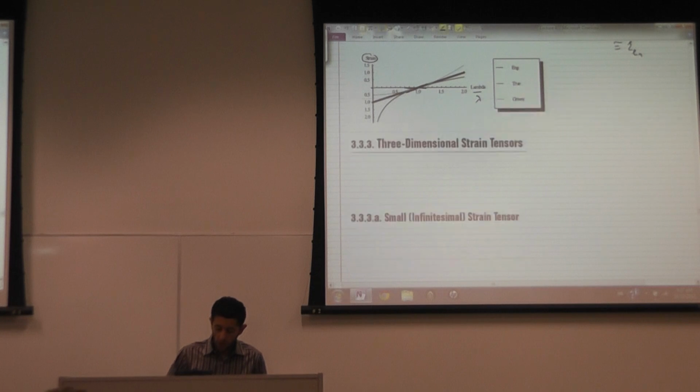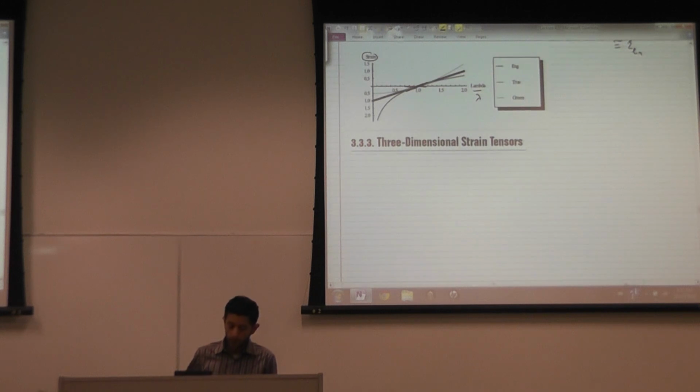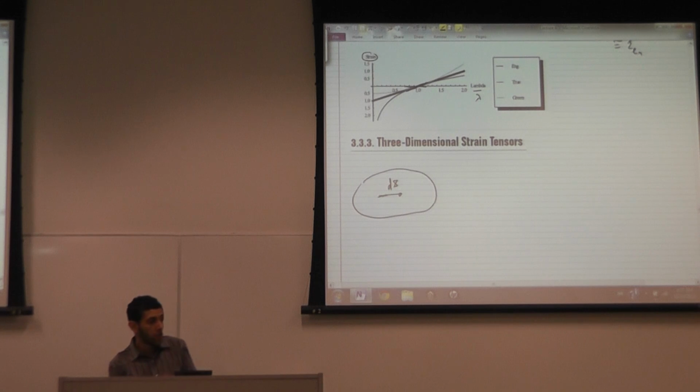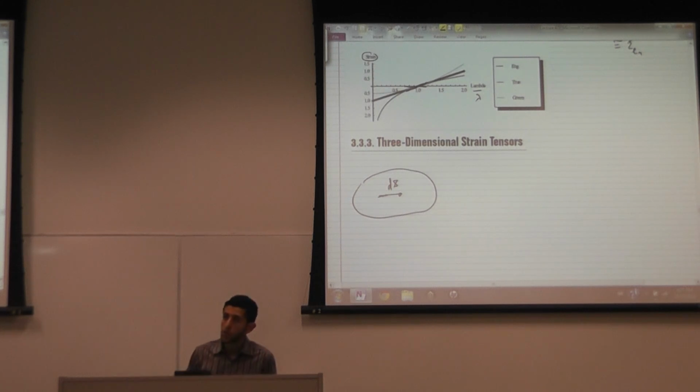The function of the three-dimensional strain tensors is to do the following. If I have an object and I have a vector drawn on the object that describes a direction on that object, this is dx.